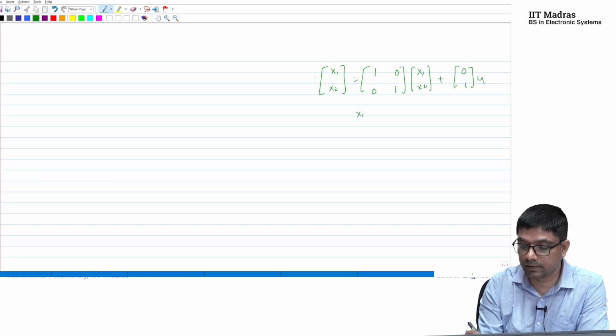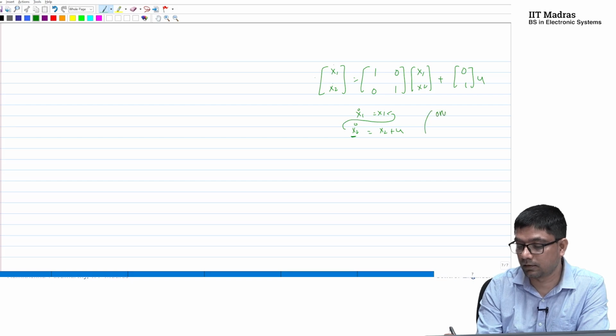Then simply split this as x1 dot is x1, x2 dot is x2 plus u, and what we see here is that the input affects x2, but there is no relation between x2 and x1. So this system I can only control x2 and not x1, which means the system is not fully controllable.